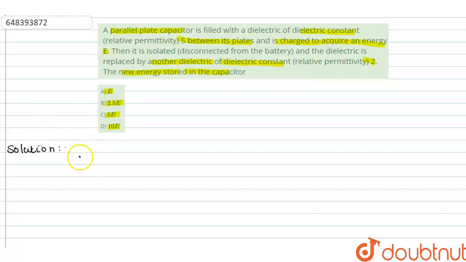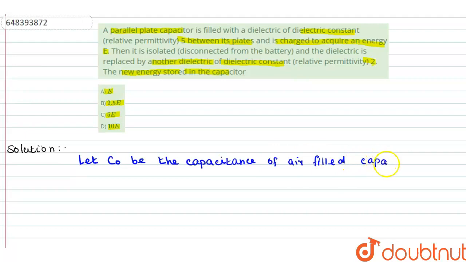Now let C0 be the capacitance of the air-filled capacitor. That means no dielectric is inserted between the plates.